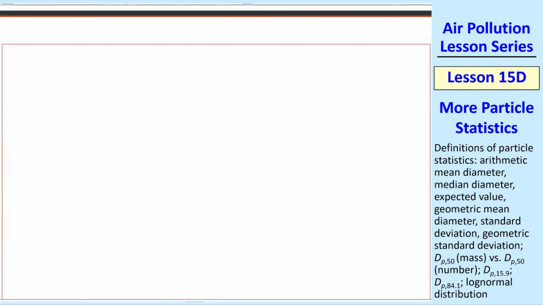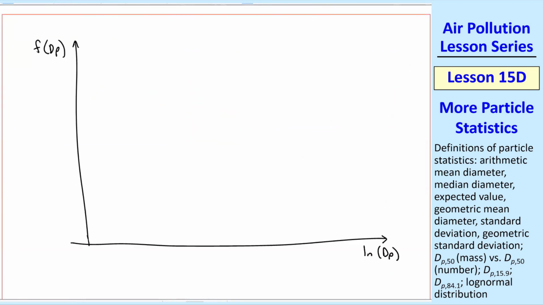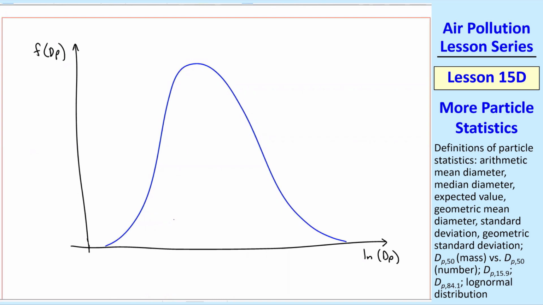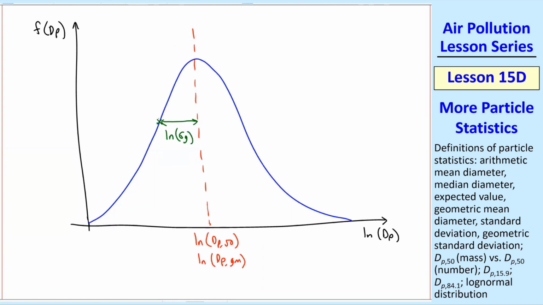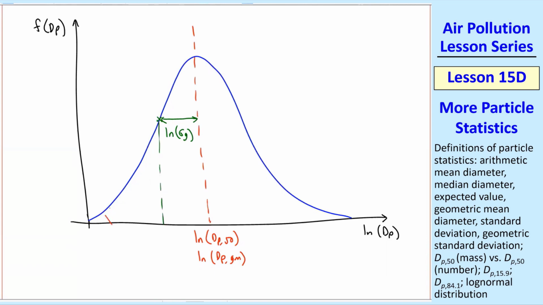Let me just explain this graphically. Let's plot our PDF on a log scale, or in fact, what we'll actually do is plot natural log of dp for a log normal distribution. If we plot natural log of dp on the x-axis, we get a Gaussian shape. It's symmetric. The center value is natural log of dp50 or natural log of dpgm, since those 2 are the same. If we go to the left, natural log sigma g, it turns out that this area is 15.9%.